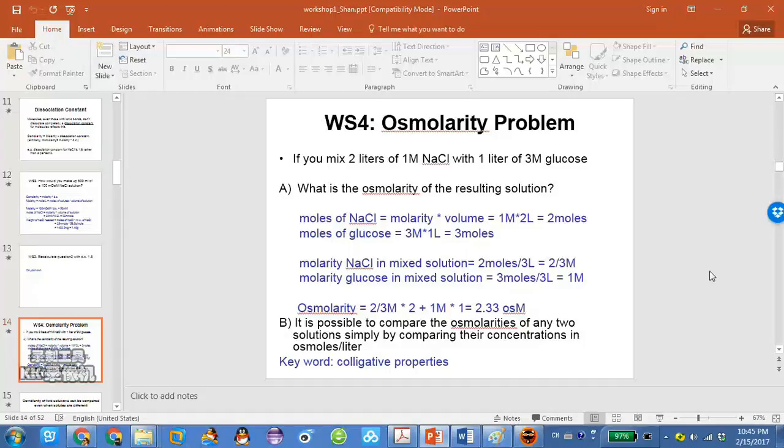This is in comparison to the non-colligative properties, such as molarity. Let's think about it.